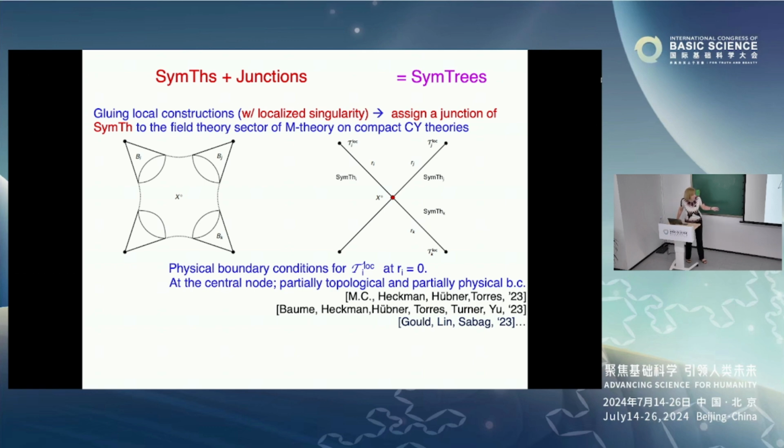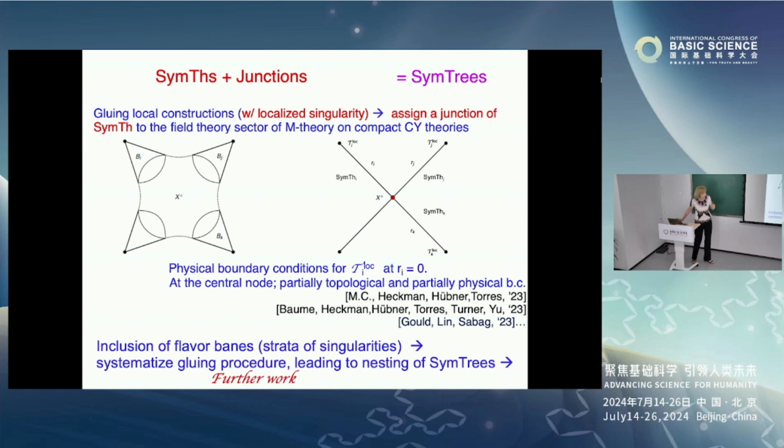This has been addressed already, but also by some of the subsequent work. But the really hard thing in view of nesting of symmetries, right, and nesting of symmetry theories, we really want to include now flavor branes in this context, which appears, for example, in 4D N=2 examples, of course. And there we are dealing now with new strata of singularities.